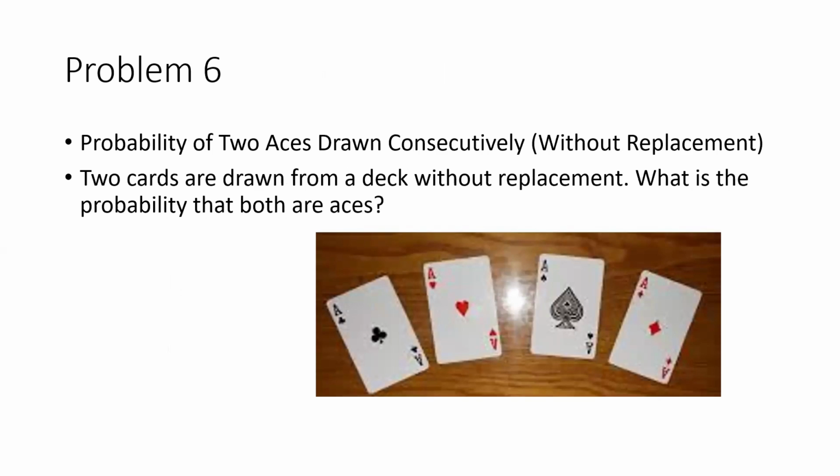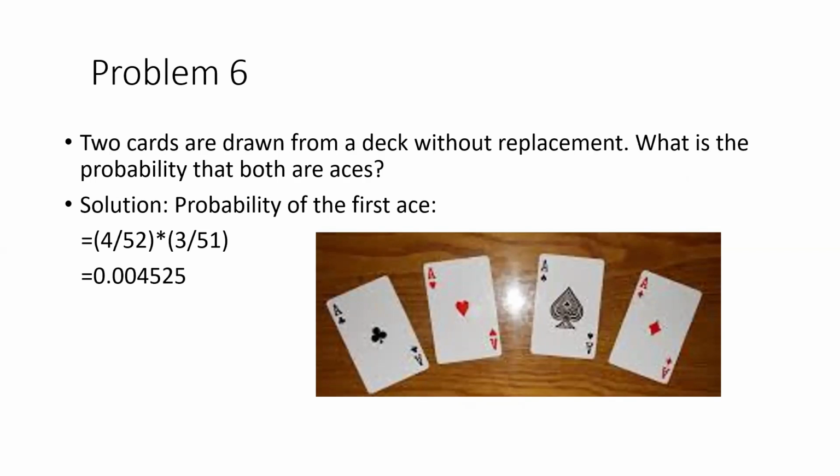Two aces are drawn consecutively without replacement. You draw one ace, it stays outside, and you try to draw another one. First you get 4 by 52. Now, having drawn one, there are only 51 cards left and only 3 aces left.